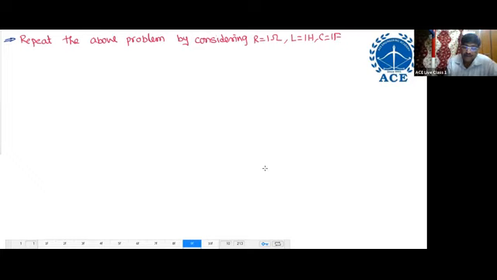Shivam, screen visible or not? Only one person said it is not visible.